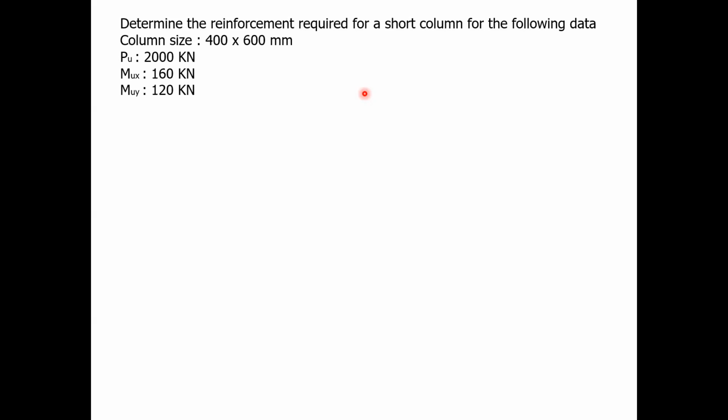Ultimate load 2000 kilonewton. Moment in x direction is 160 kilonewton meter. Okay, it is not kilonewton, it is kilonewton meter. And in y direction it is 120 kilonewton meter.